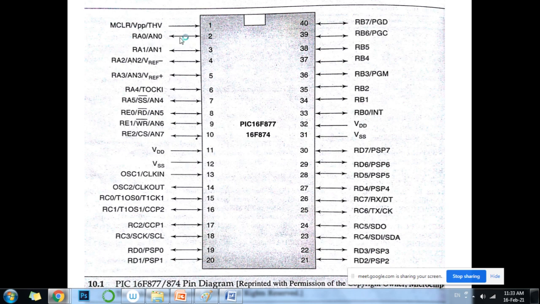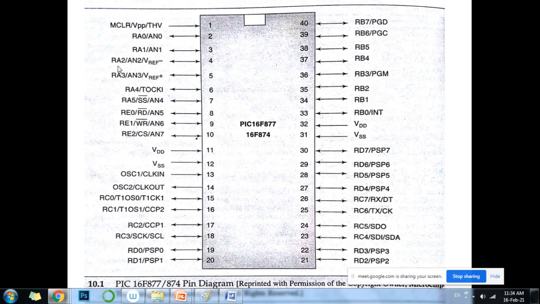For example, RA0 means port A pin. RA0, RA1, these are port A pins, and they have got alternate function of carrying analog signals, AN0, AN1. There are 8 analog input channels. So those are the alternate functions of these pins.